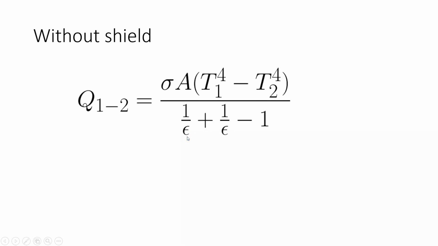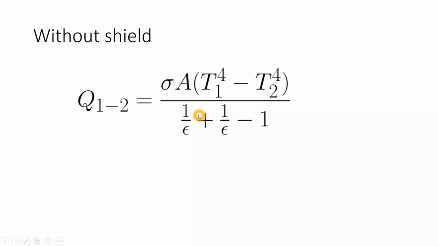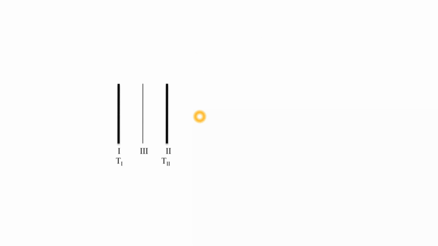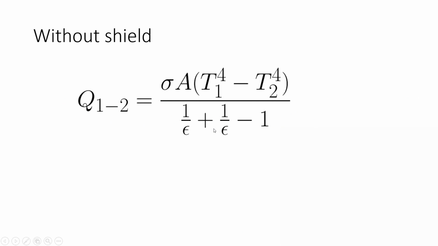That is 1 upon epsilon for one plate and 1 upon epsilon for another plate. Since the emissivity is the same, as you can see in the question, the emissivities of all the plates are equal, I have directly written it like this.